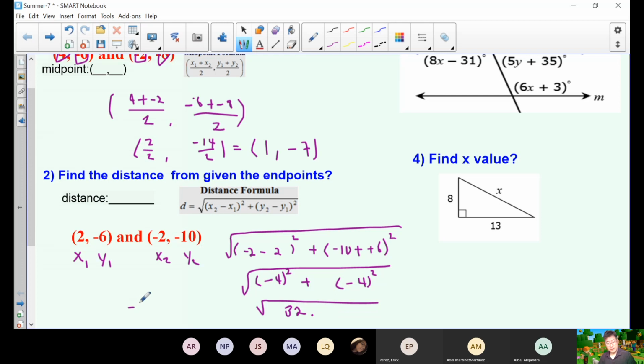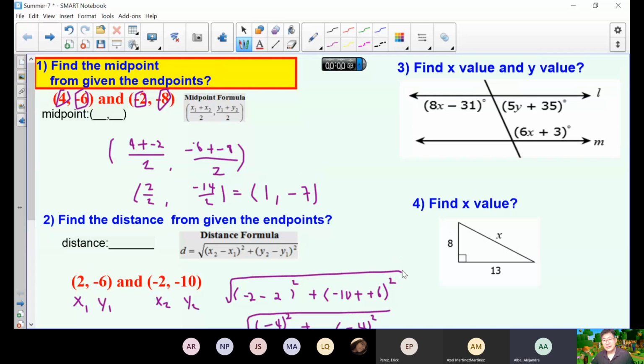This means negative 4 times negative 4, equal positive 16, right? 16 plus 16, 32. Okay, write it down, everyone. Alejandra, are you done? Yes. Okay, let's move on.